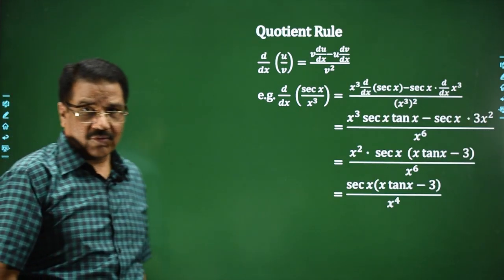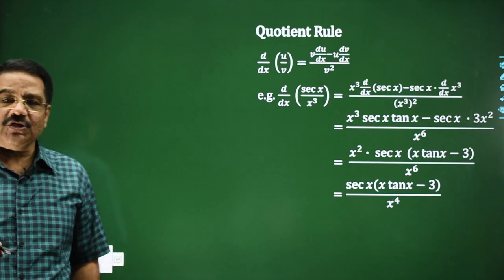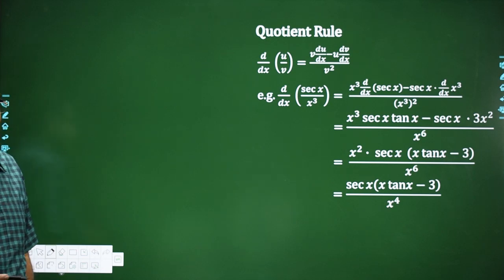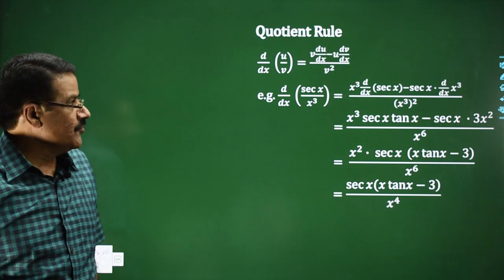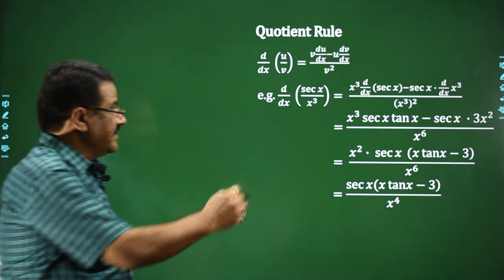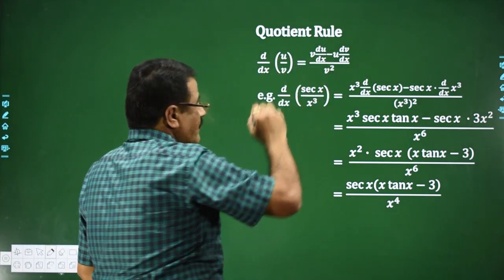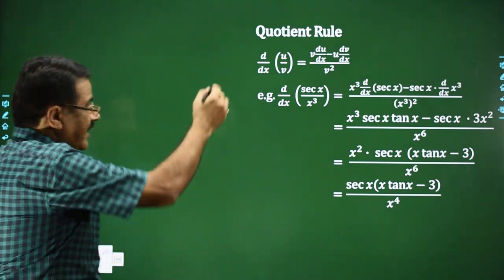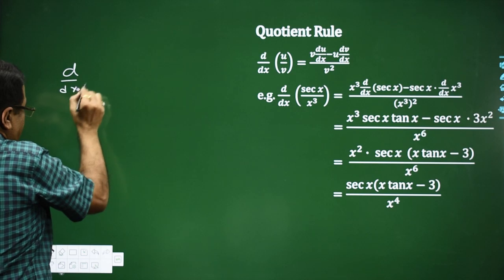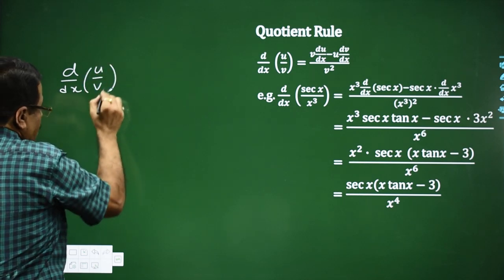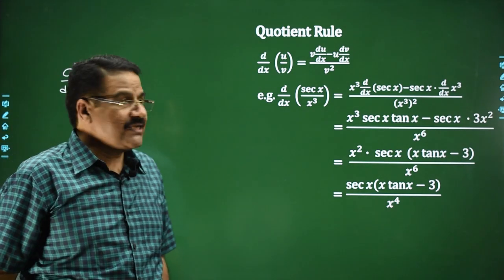One more important rule, the quotient rule. Quotient rule means the ratio of two terms u and v, d by dx of u upon v, and the formula goes in this manner: v into du by dx. We can also remember this formula in this manner. So, d by dx of u upon v, u is in the numerator, v is in the denominator.